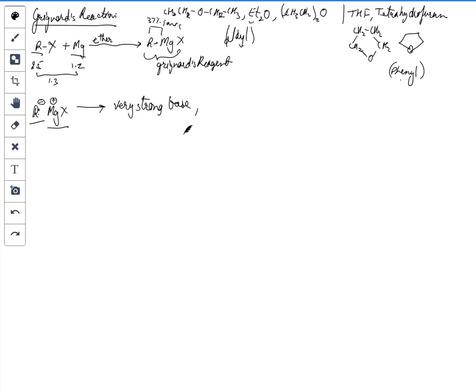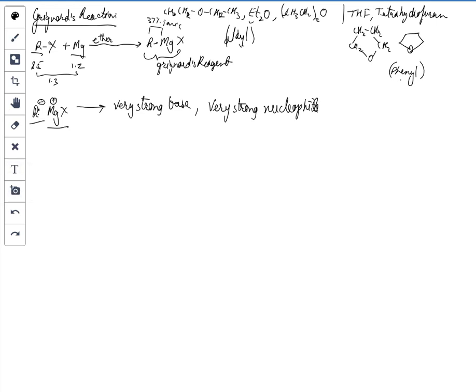It is a very strong nucleophile. Is it clear? So Grignard reagent is a very strong base.